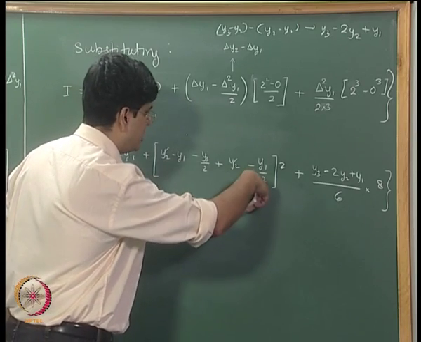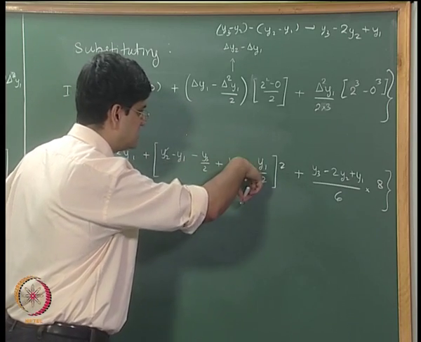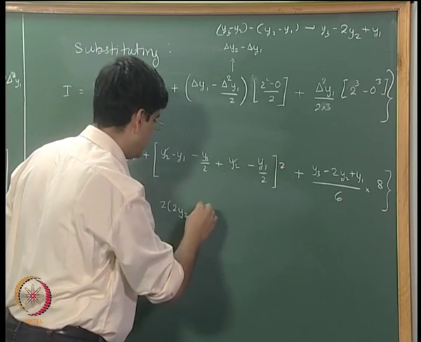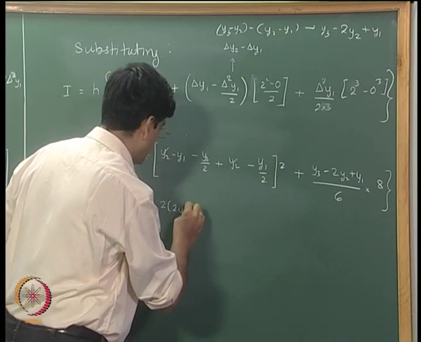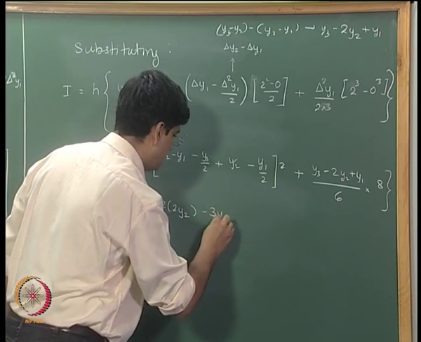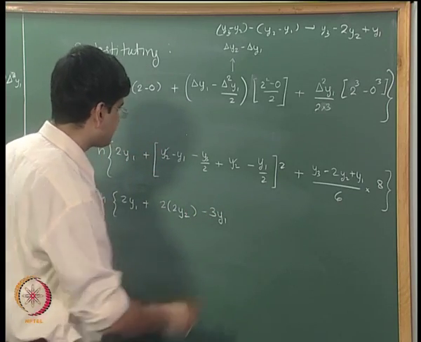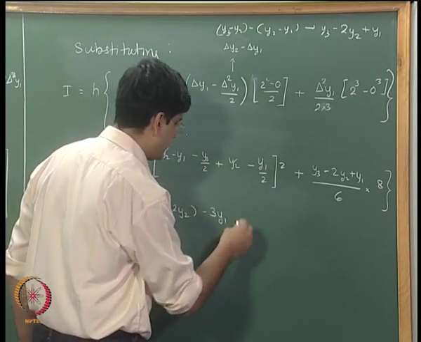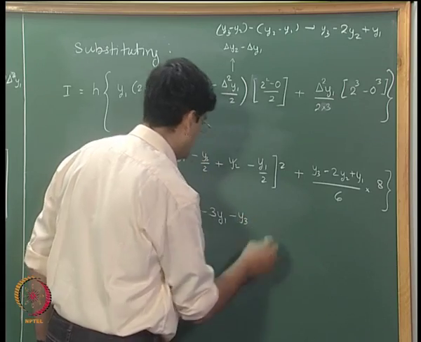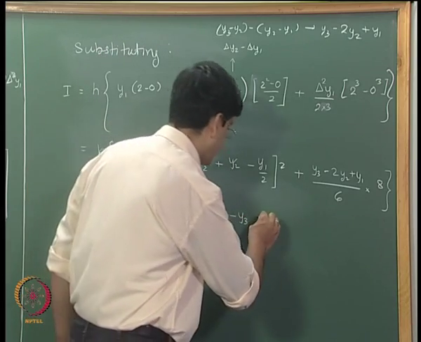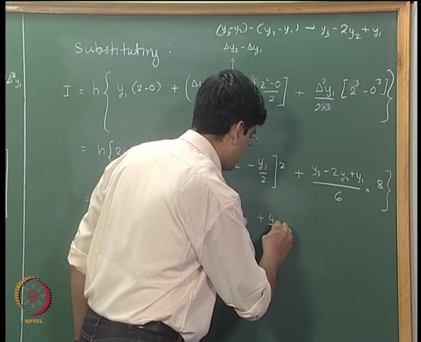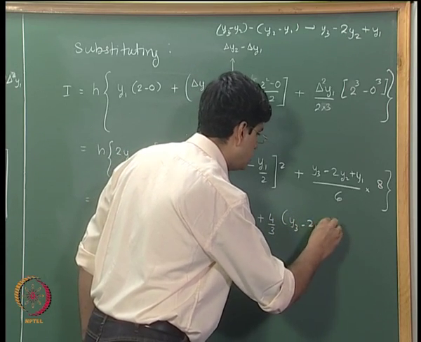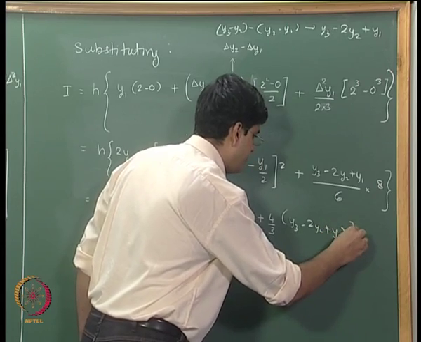We have minus y1 minus y1 by 2, that is minus 3 y1 by 2 multiplied by 2, that is going to be minus 3 y1, and we have minus y3 by 2 multiplied by 2, that is minus y3, plus 4 by 3 multiplied by y3 minus 2 y2 plus y1.